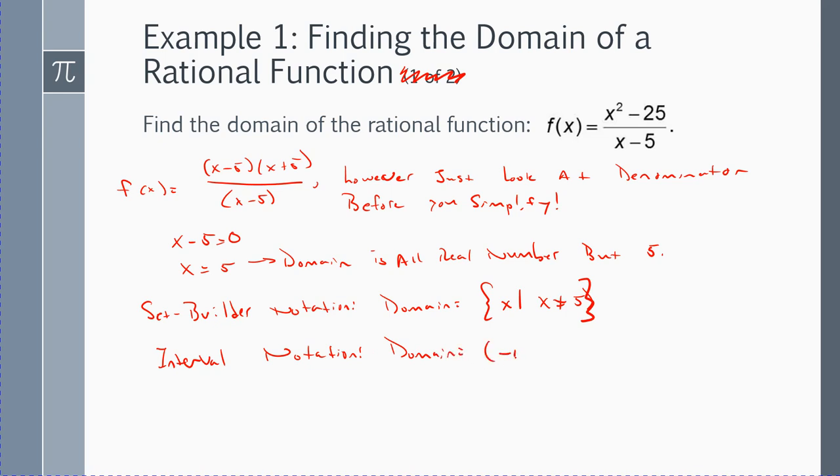You would go negative infinity right up to 5, with an open parenthesis, because that's saying go right up to 5 but don't exactly be 5. And then union, pick up right after 5 and go to positive infinity. When you want to find the domain, just ask when the denominator would equal 0, and then it's all numbers but that.